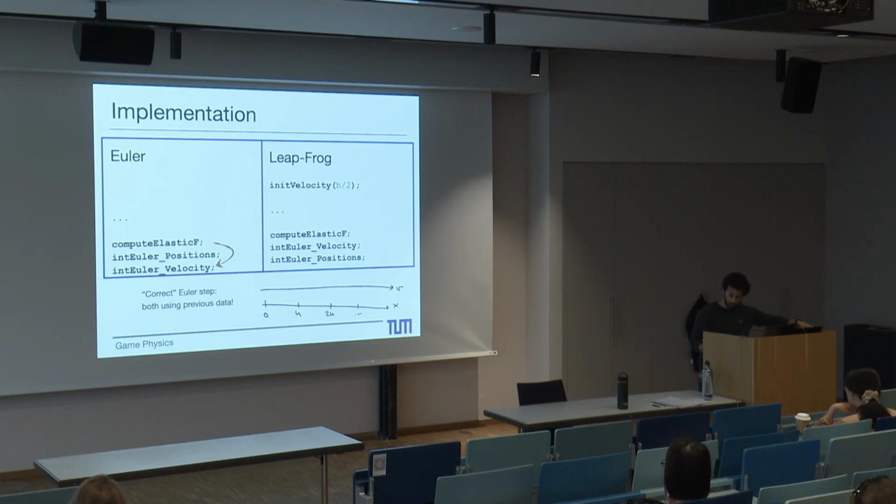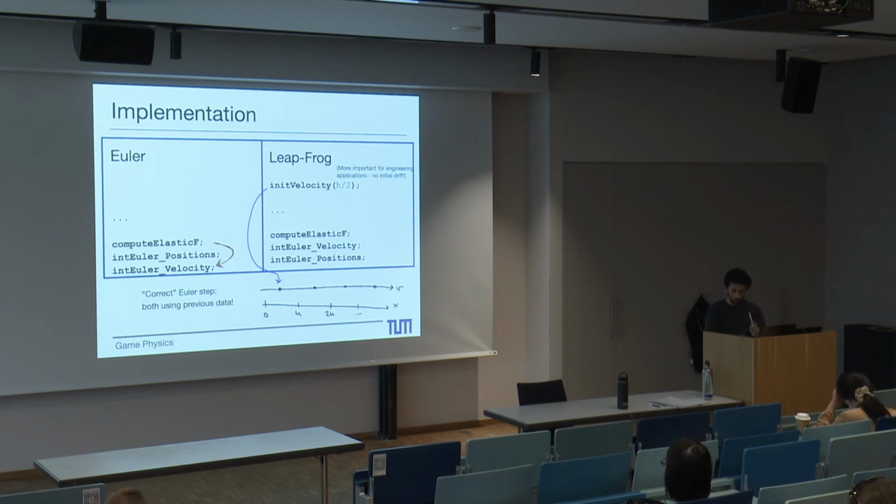We are evaluating the velocities at the midpoints. So the velocities are computed at these points, and that's the reason why we need to initialize the velocity at a different time step. We can do that, for instance, by doing a first half step Euler in order to obtain this velocity. But once we have initialized this, we can perform the computation with very limited information.